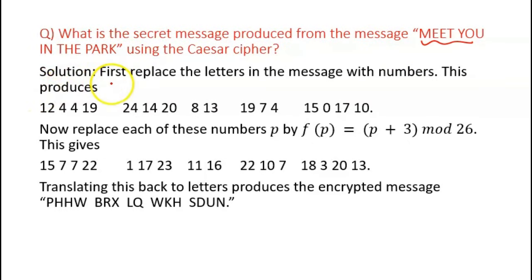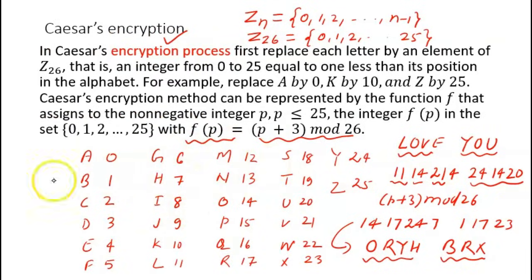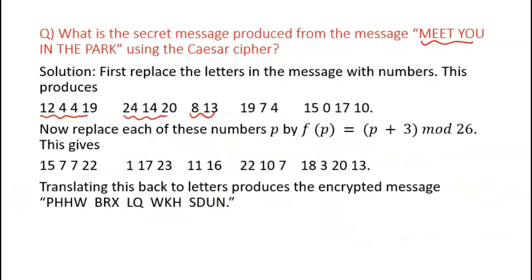So what is the first step? Each of the alphabets in "meet you in the park" has been replaced by the corresponding number, and I would suggest that you verify whether it is correct or not, and I already have listed this down. So what you basically have to do is count the location of M in the English alphabet, and then subtract 1 from this.